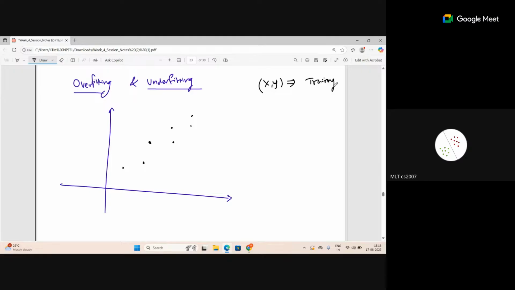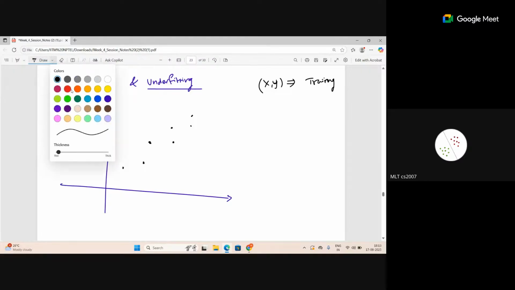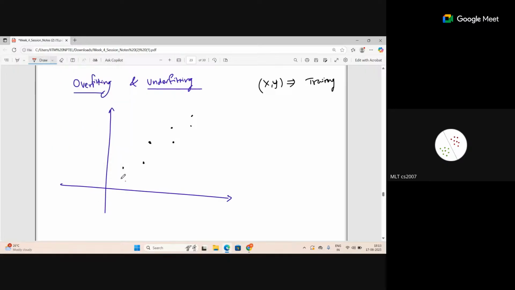During training, you try to find what model governs this kind of data set. Let's say it's a regression data set.